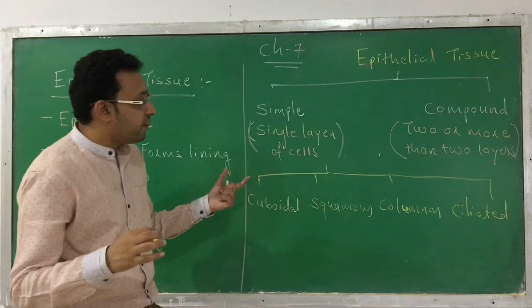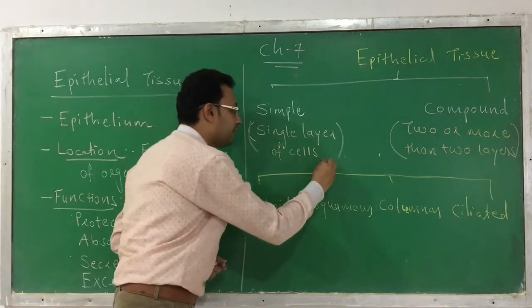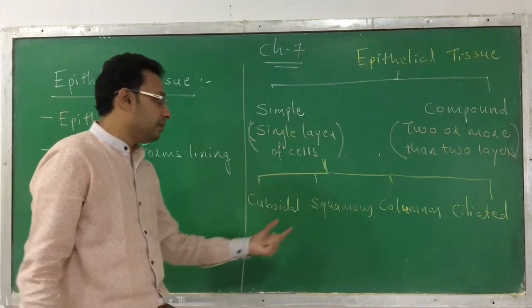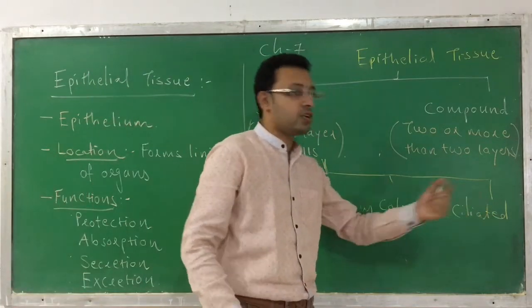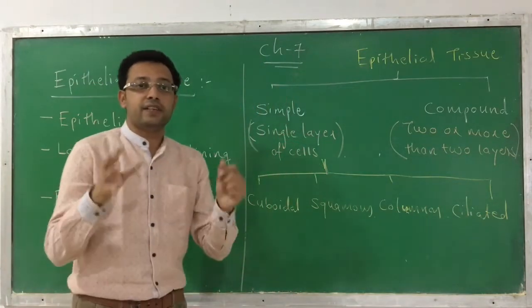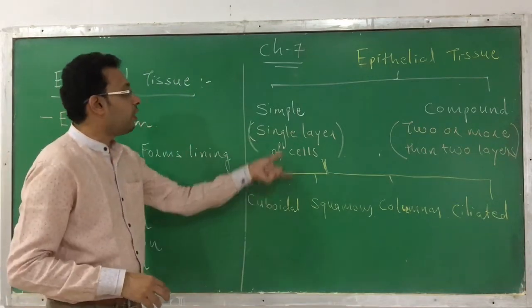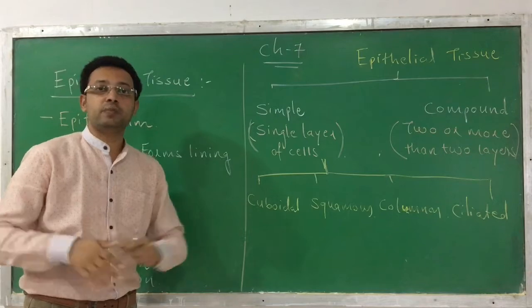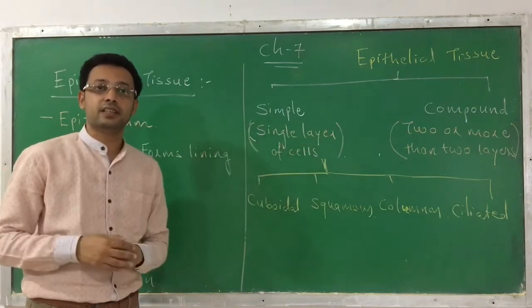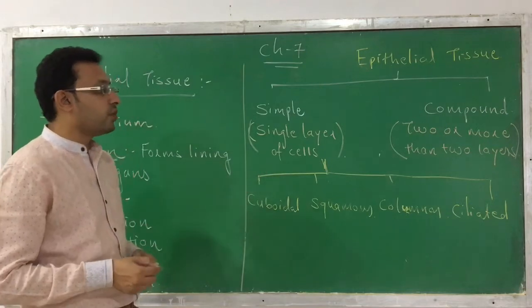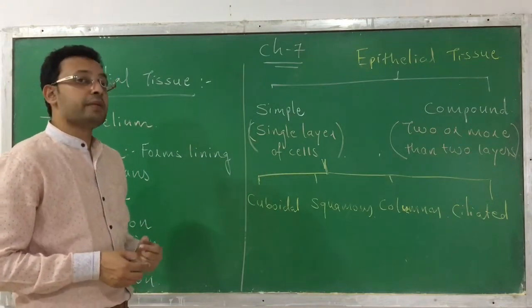So these are the four different types of simple epithelial tissue. The basic difference is the shape of the cell. Otherwise they are all simple epithelial tissue, meaning they are all made up of a single layer.